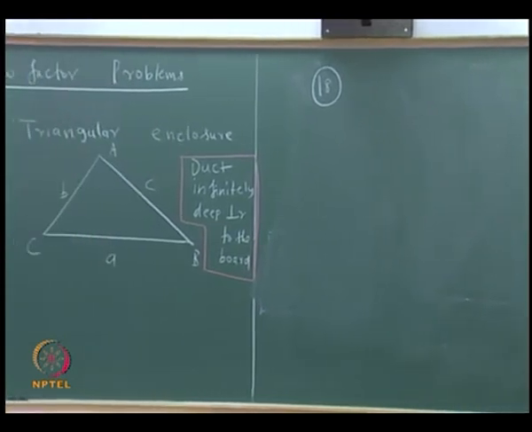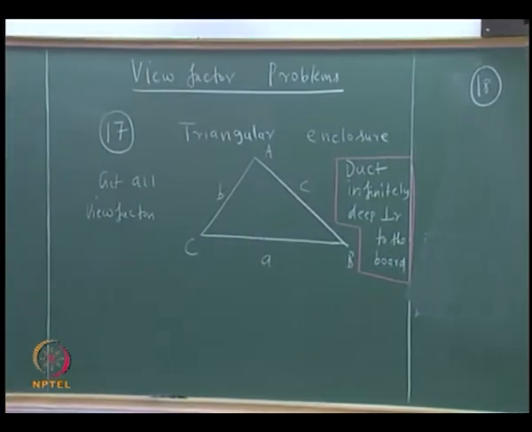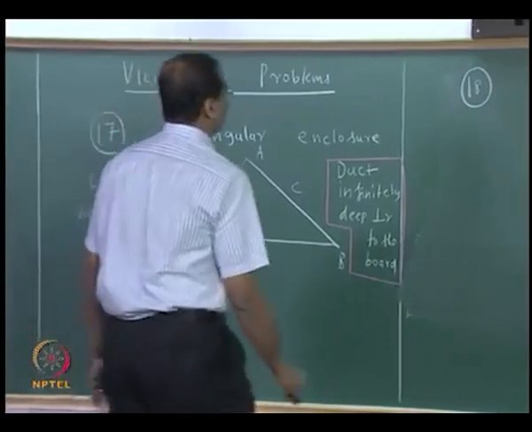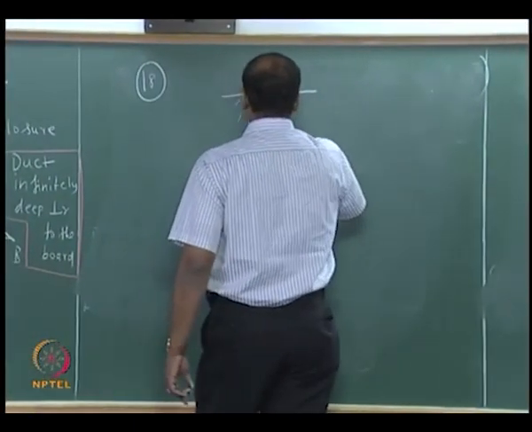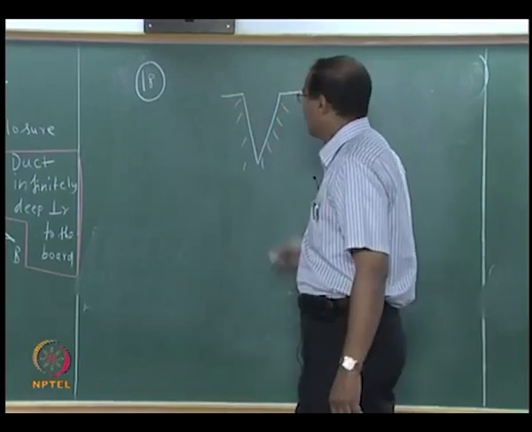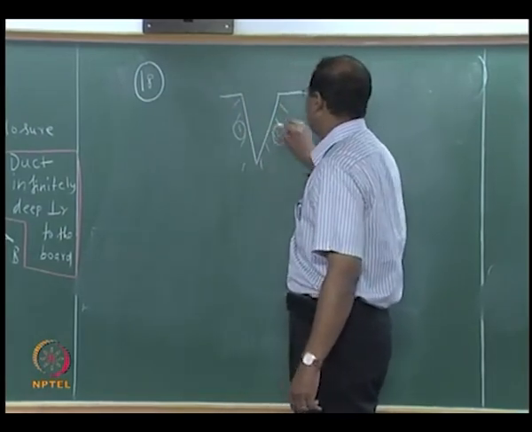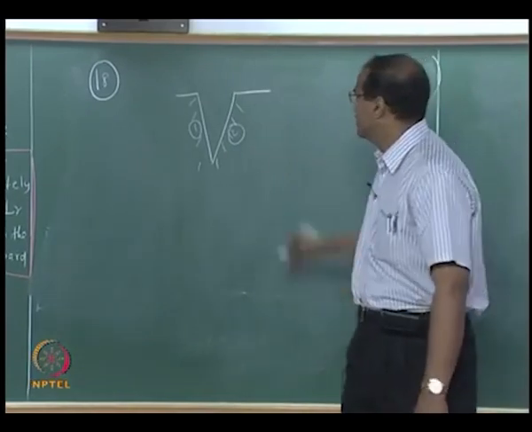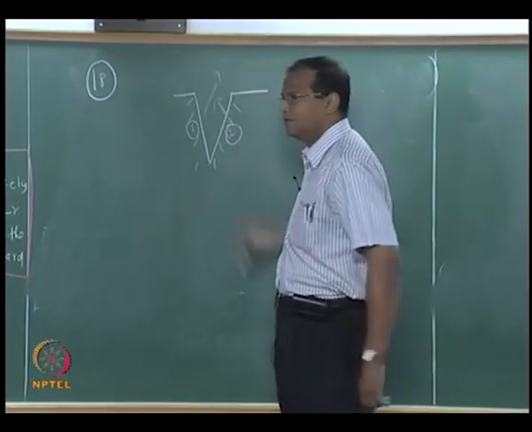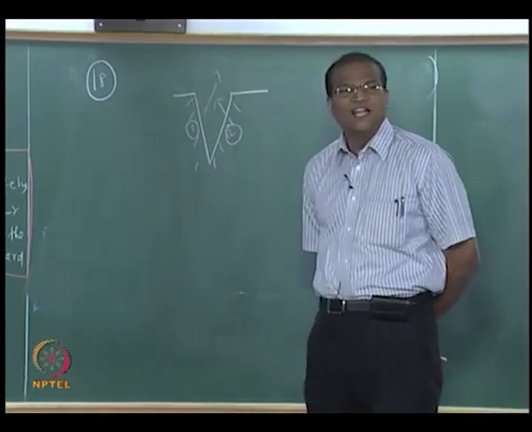Suppose I have a V groove. Suppose I have a groove, right? So for example, I have a surface. So this is 1 and this is 2. Here there is vacuum, it is radiating and all that. I am interested in getting F12.